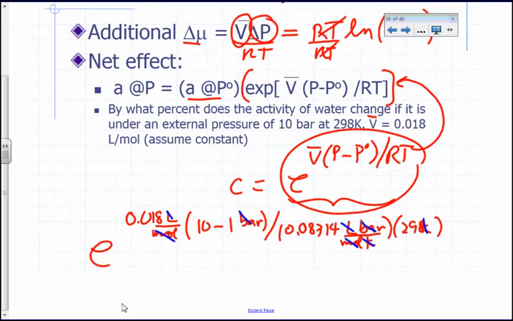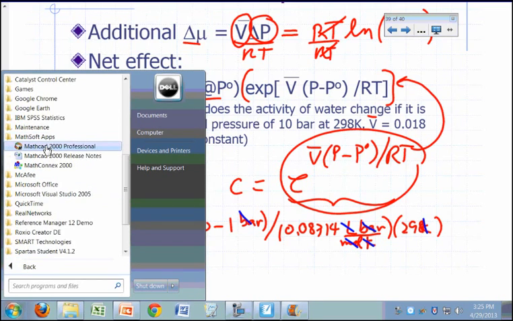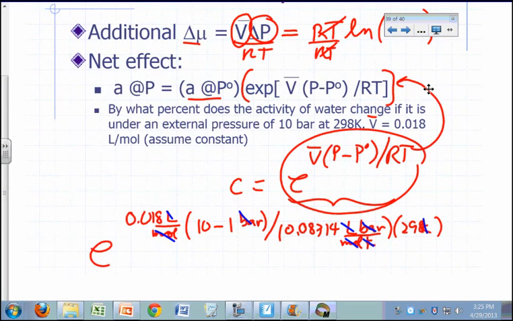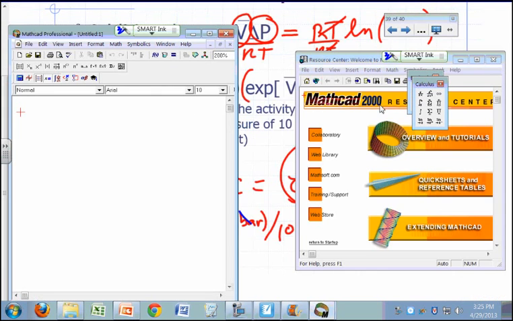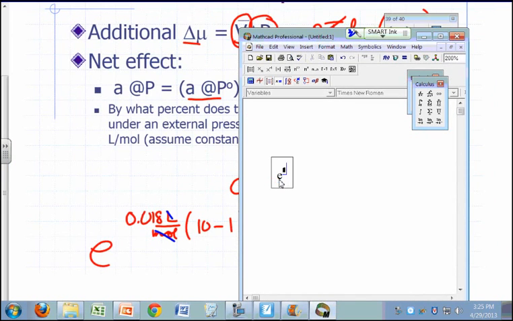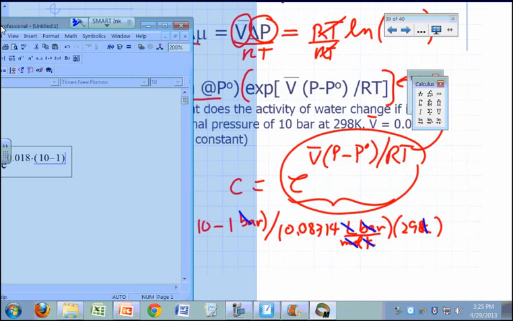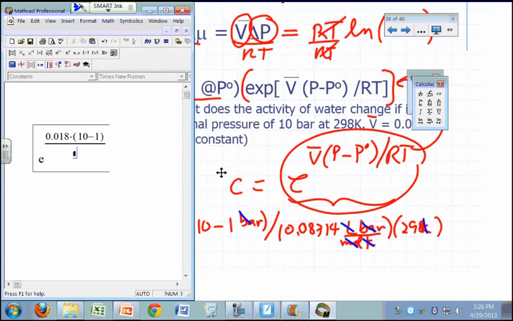So let me bring up MathCam to quickly calculate that. So you have e raised to the power 0.018 times 10 minus 1, divided by R, which is 0.08314, times temperature, which is 298.